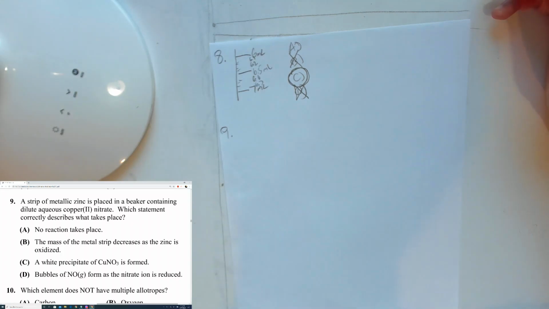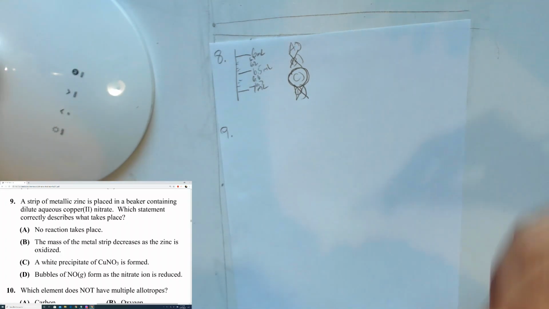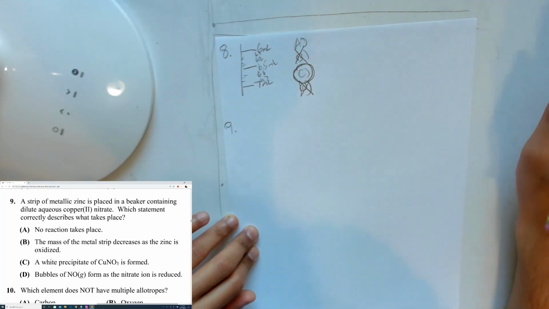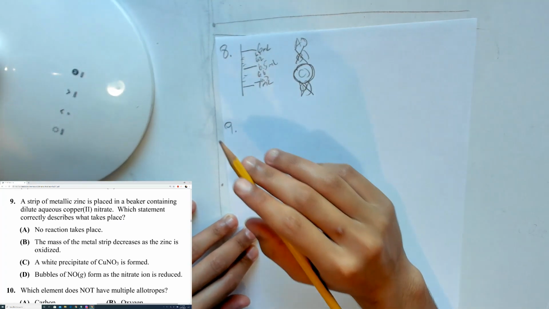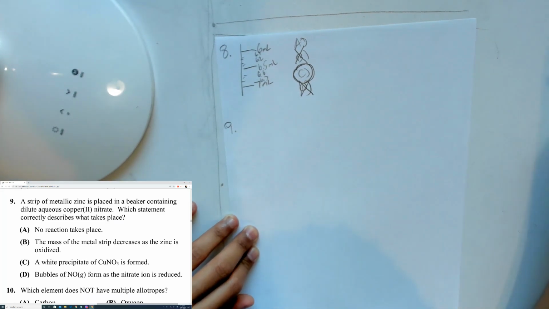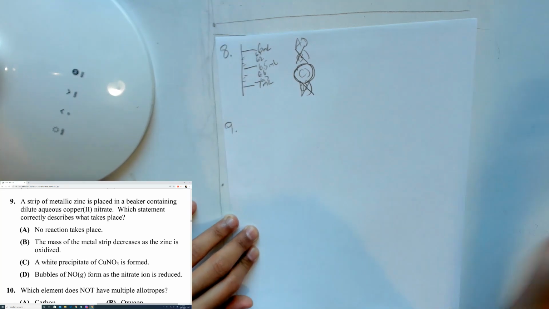I'm not sure, but I'm pretty sure copper wants to get reduced easily, and zinc gets oxidized easily, right? So because copper has a higher reduction potential, zinc will lose its electrons more easily and copper will be reduced easily. So the reaction takes place as this.